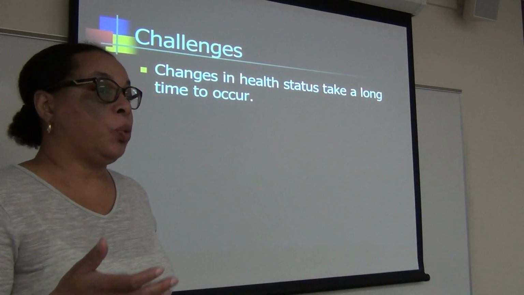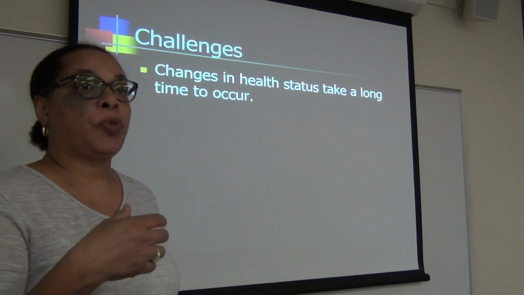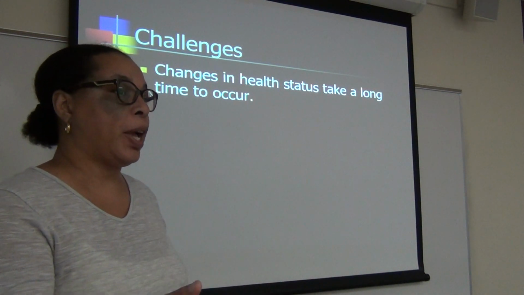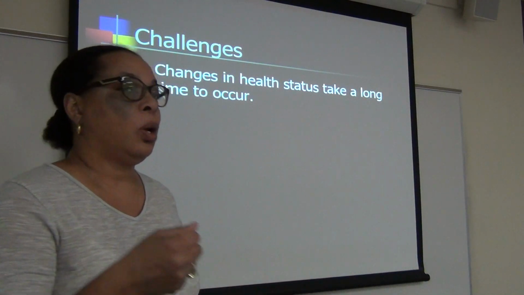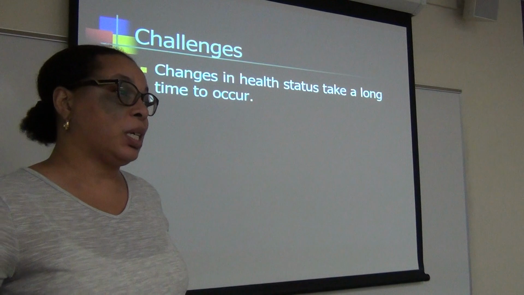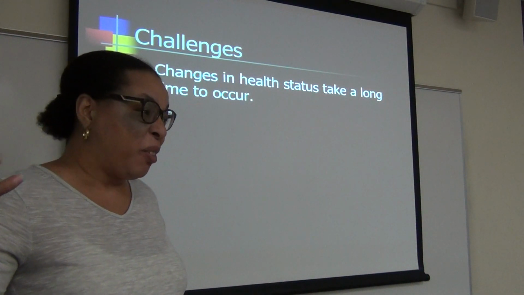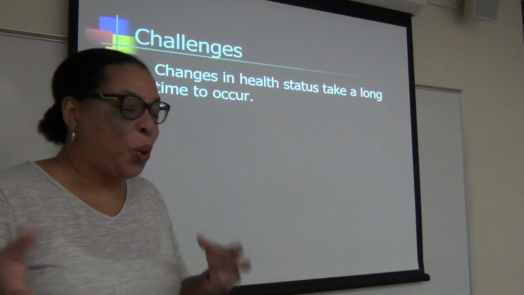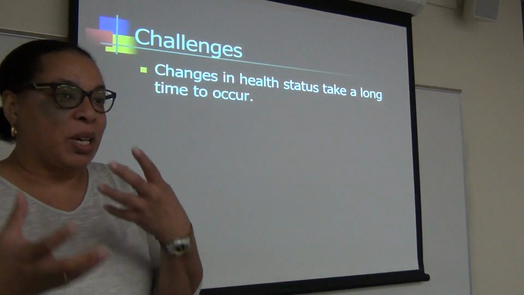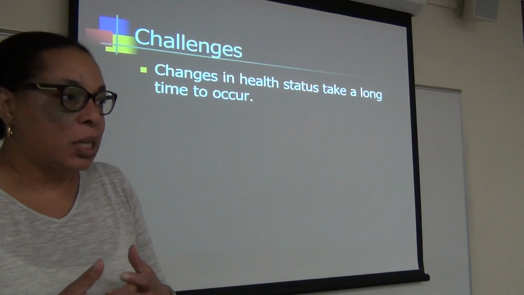Or if you're working with children, it's going to take a long time. If you want to decrease risks of cardiovascular disease in children, well, you won't see changes in rates of cardiovascular disease. We're talking elementary school, probably not for 50 years. So some of this becomes kind of theoretical, because it just takes a long time.